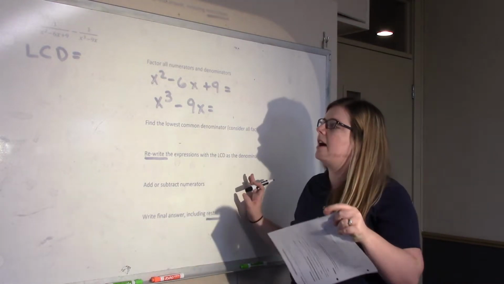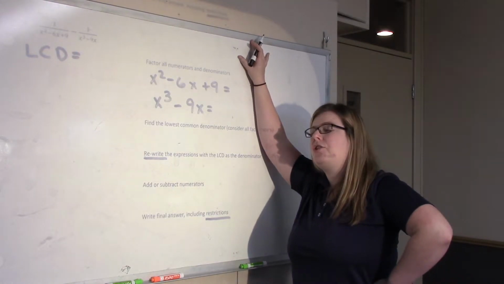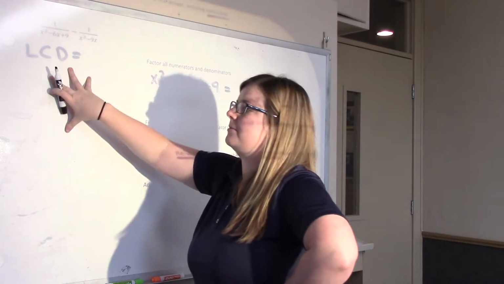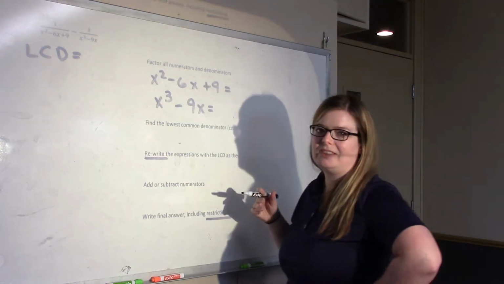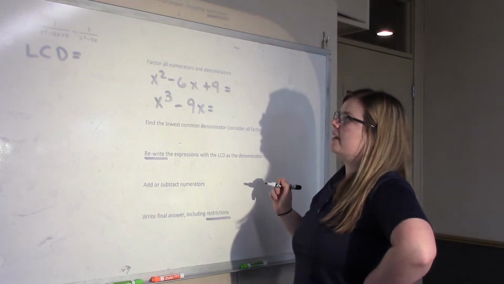Okay? So first we factor, and if you can't do it in your head, you can do it on the side, kind of away from the actual adding and subtracting, so that you're not mucking that up and making it look busy. So you can kind of put this to the side.